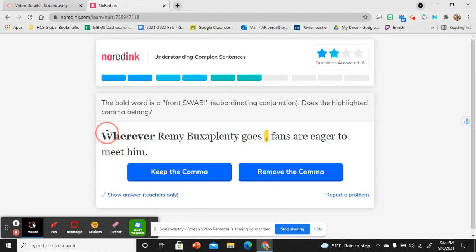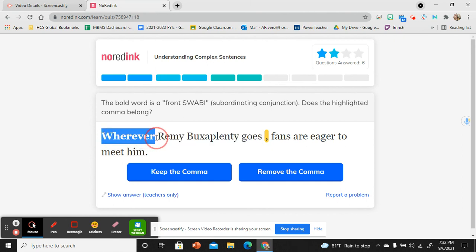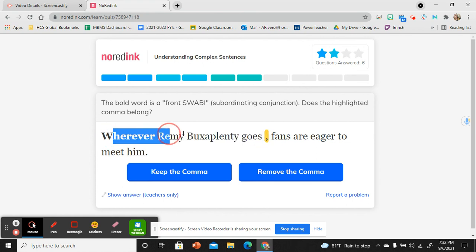When we put a SWABI at the beginning of the sentence, we're changing the first independent clause. Remember, SWABIs bring independent clauses together. But if we put one in the beginning, we're adding it to an independent clause, but it makes it a dependent clause because this part of the sentence is going to rely on the rest of it for information.